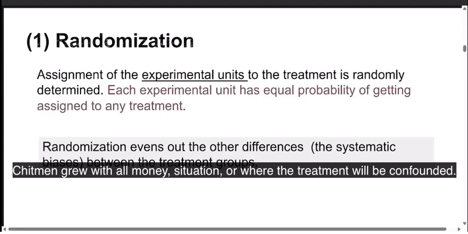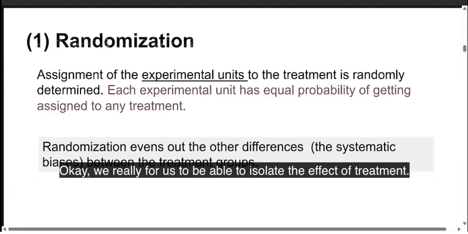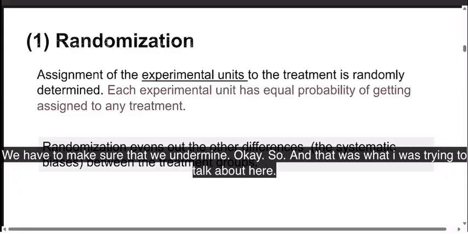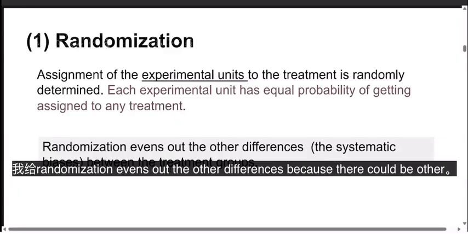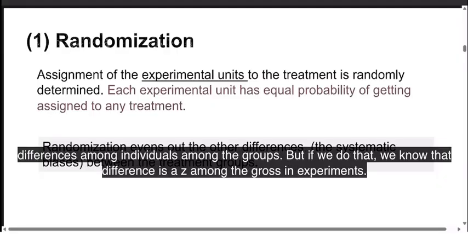We don't want a situation where the treatment will be confounded. For us to be able to isolate the effect of treatment, we have to make sure that we randomize. Randomization evens out the other differences, because there could be other differences among individuals and among the groups.